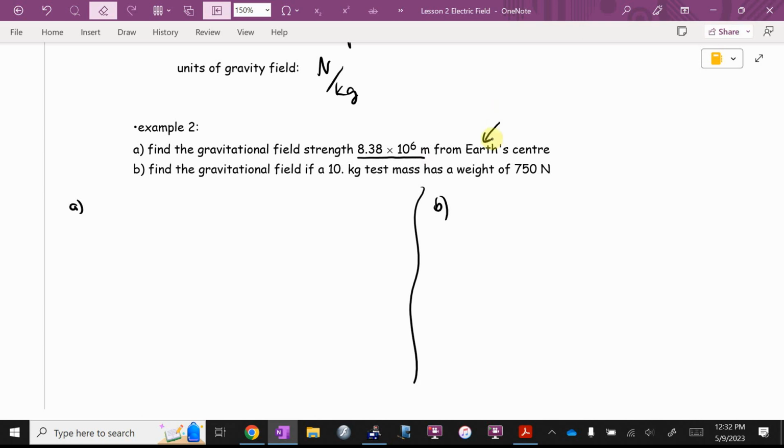I guess Earth is going to be big M, and so I can find the gravitational field strength by going big G, big M over R squared. Big G was 6.67 times 10 to negative 11. Mass of the Earth, 5.98 times 10 to the 24th, I think?